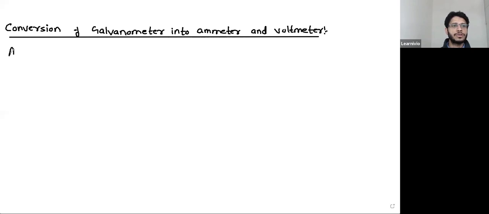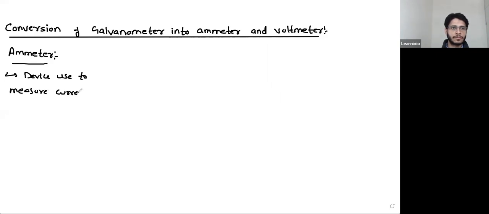So let's start with the ammeter. An ammeter is simply a device which can measure current. This ammeter we obtain from a galvanometer.